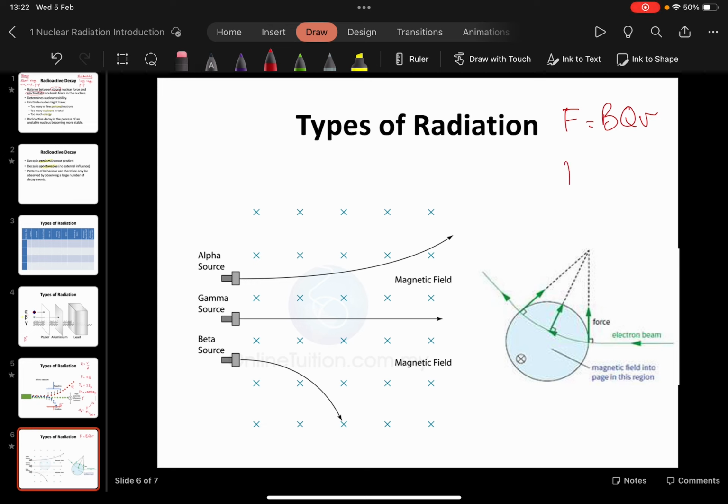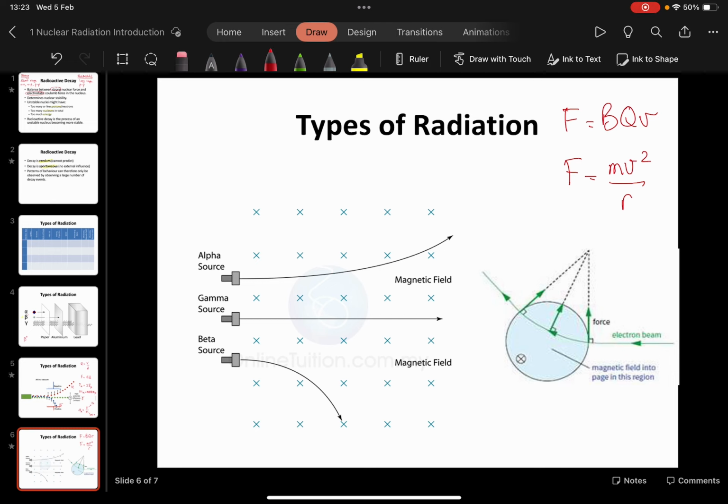We know as well that the magnetic force is always perpendicular to the direction of travel, and that was the condition for uniform circular motion. So the magnetic field is supplying a centripetal force. It's not affecting the speed of those particles, but it is affecting the direction they are traveling in. They are following a circular path.